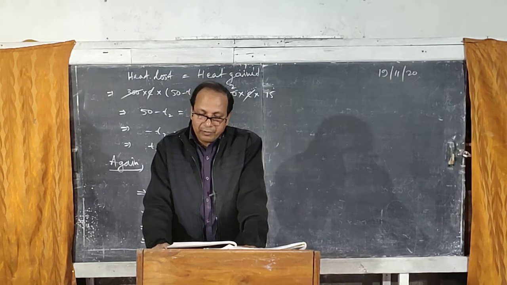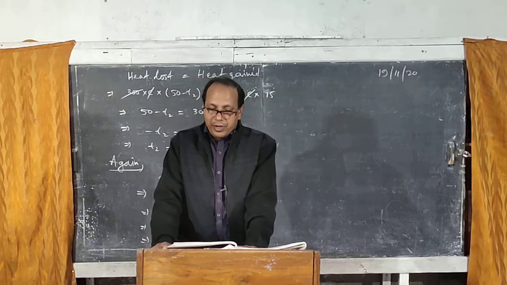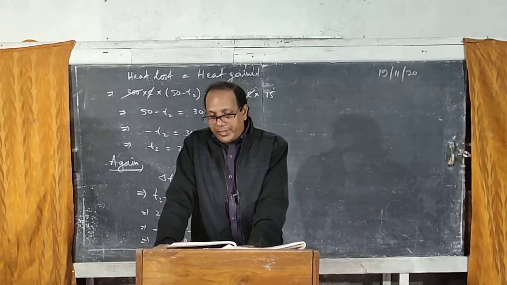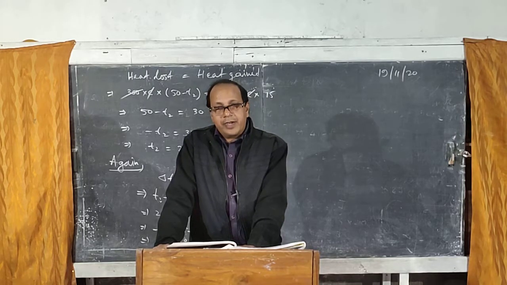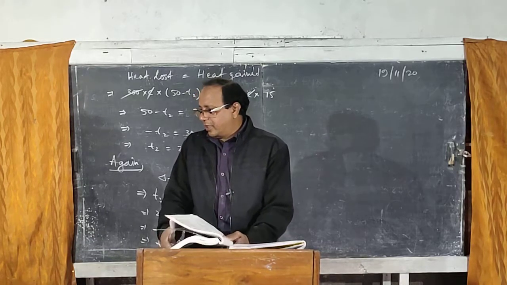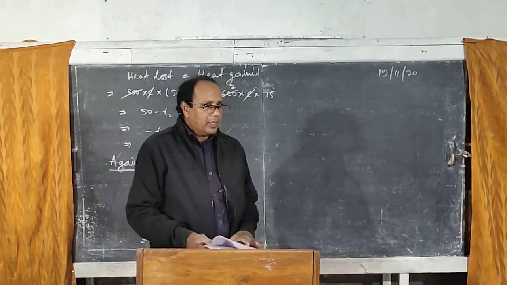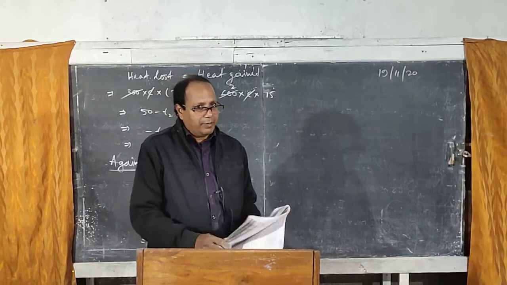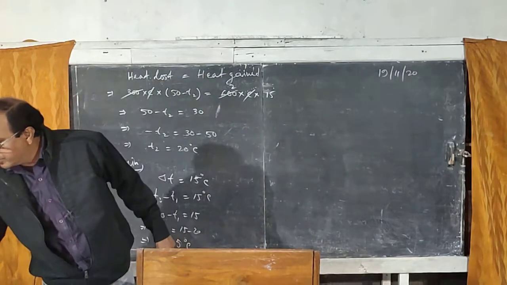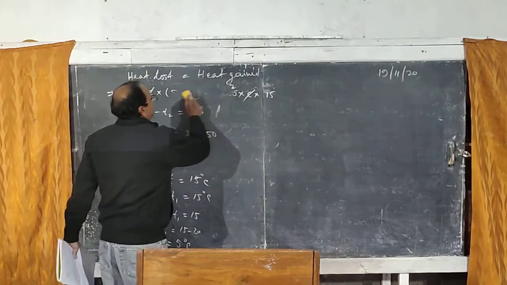Calculate the time taken for the temperature of water to rise from 25 degrees Celsius to its boiling point 100 degrees Celsius. Specific heat capacity of water is given. Mass is given and the power of the kettle is given. So you have to use the principle of calorimetry.